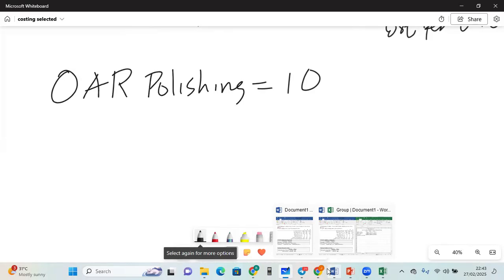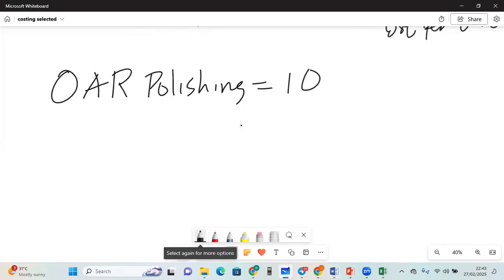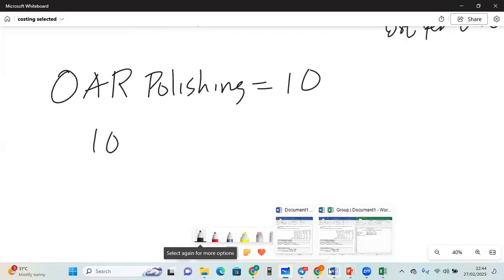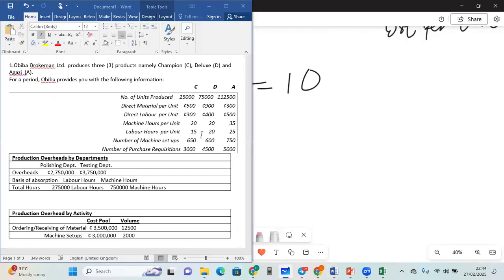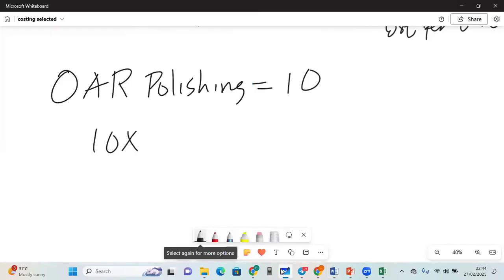Right? So what we are going to do is multiply this 10 by the direct labor hours in the question. So direct labor here is 15, but it's 15 per unit, right? So we have to multiply this 15 also by the number of units produced. So this is what it's going to look like: 10 times 15 times 25,000.